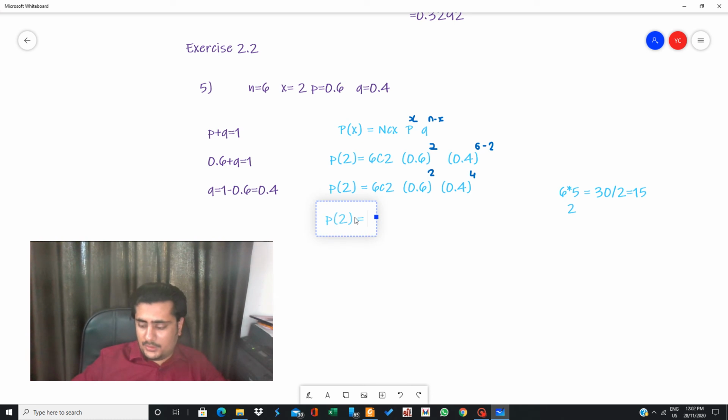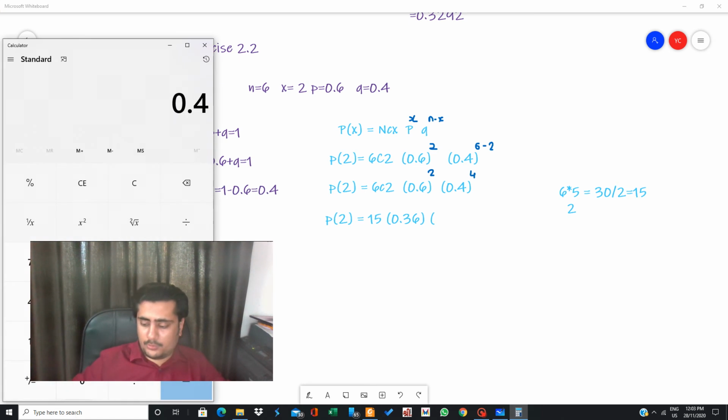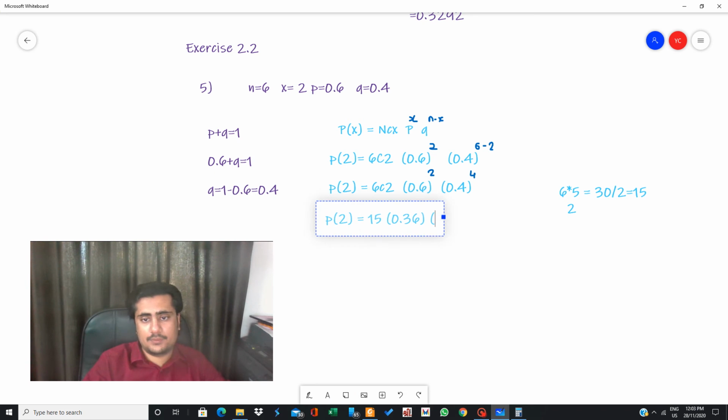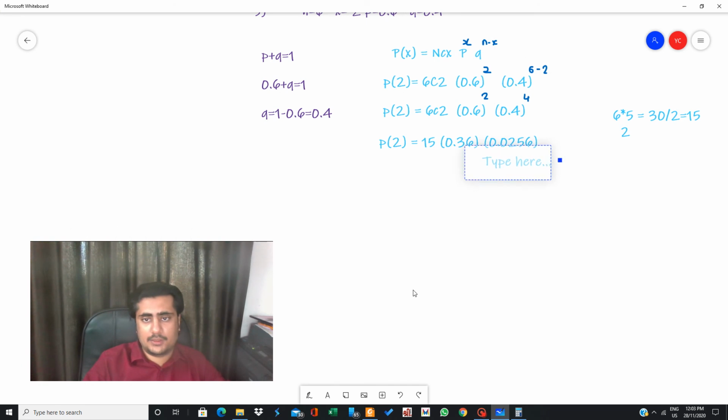So it is equal to 15 into 0.6 raised to 2, which is 0.36, and 0.4 raised to 4, so 0.4 into 0.4 into 0.4 into 0.4. It's 0.0256. Now you simply multiply these three things.